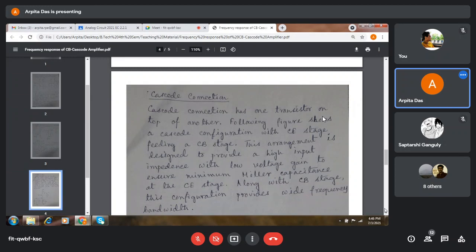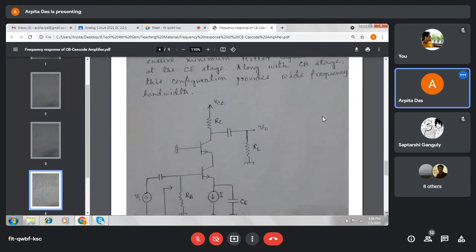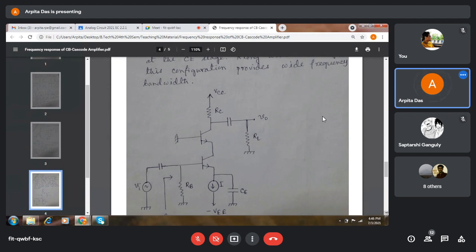Cascade connection is like this. One amplifier is connected as a CE amplifier. Another amplifier is connected as a CB amplifier. So one in CE configuration, other in CB configuration.